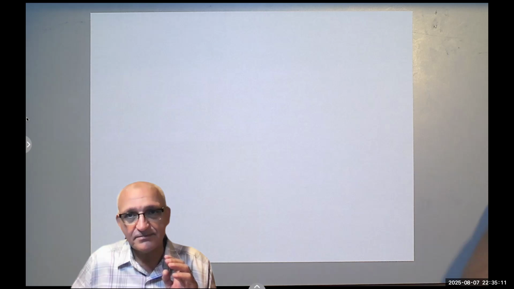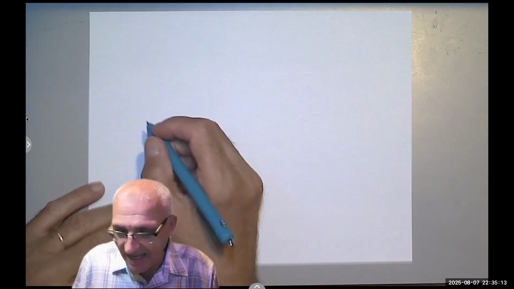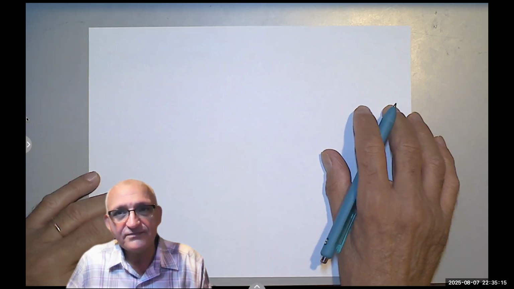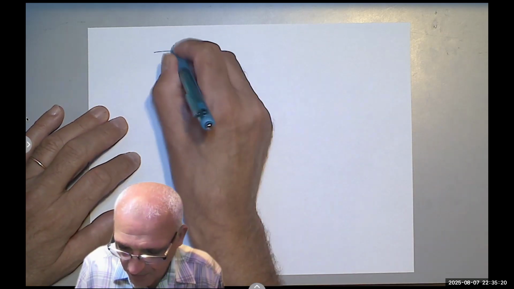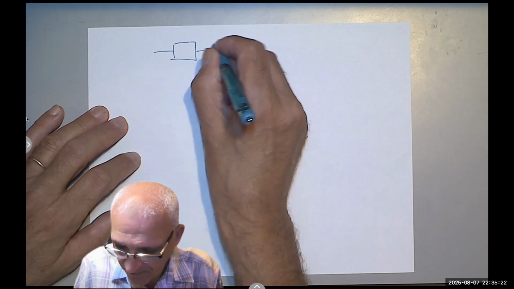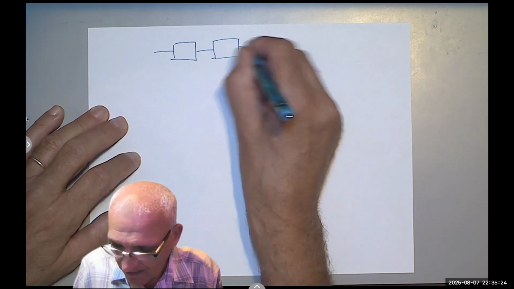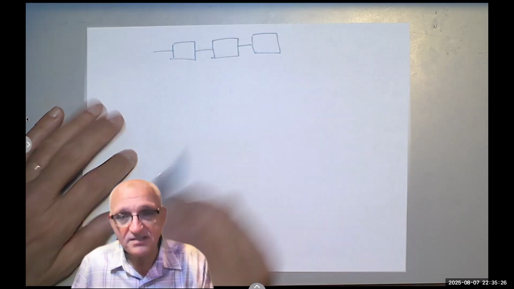So let's take two examples here. Suppose I have a system, and the system is made up of, let's say, three components, and they are in series like that.